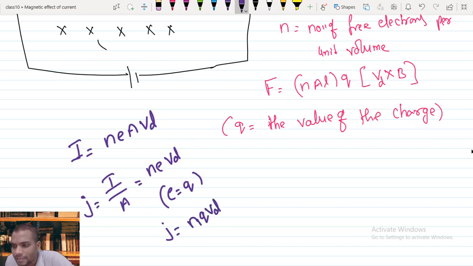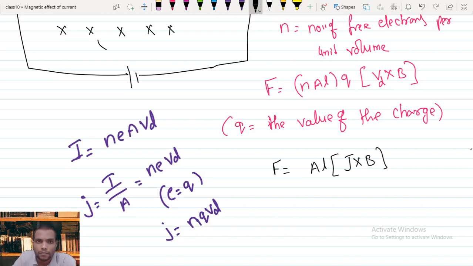Why am I going for that? Because in the above expression I have these characters present. So in the above expression, I would like to change it to F equals A L times J cross B. Here J is a little j.